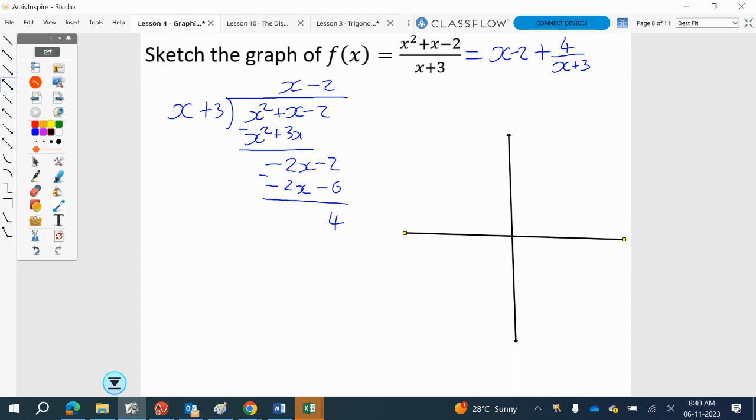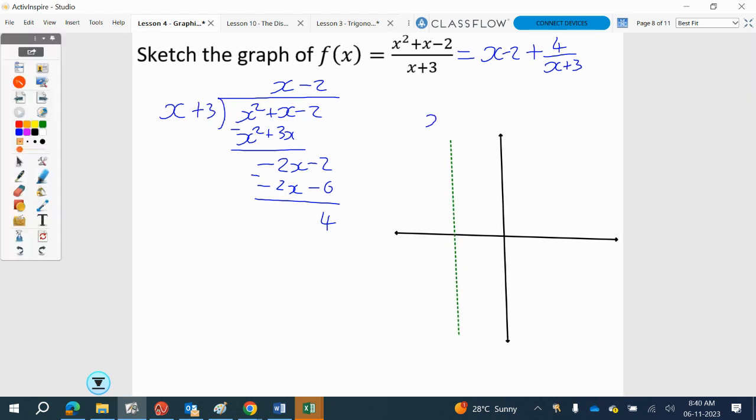So we've got our vertical asymptote. Pretty sure this is x equals minus 3. It is. What about the y-intercept? Can we have it as a fraction?